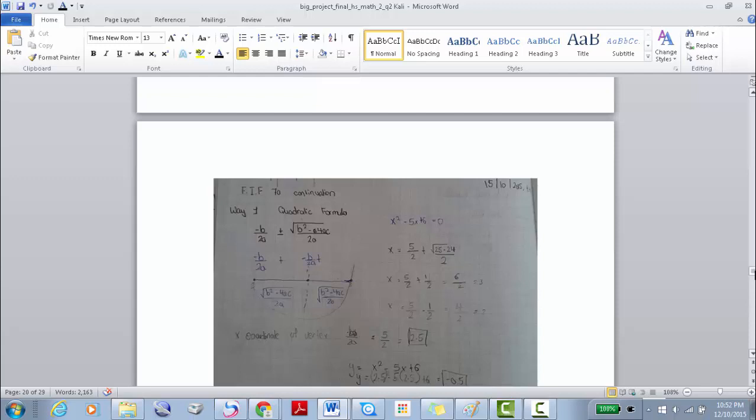I stated this earlier when I was talking about another standard. The quadratic formula is negative b plus or minus the square root of b squared minus 4ac, over 2a.